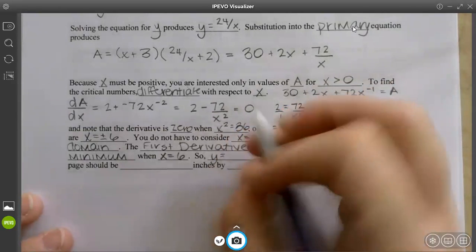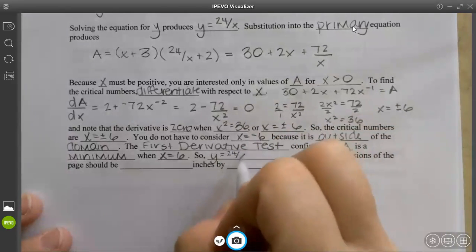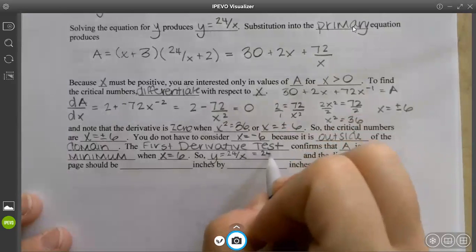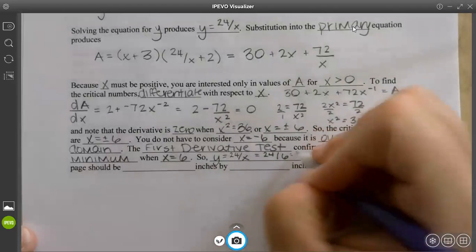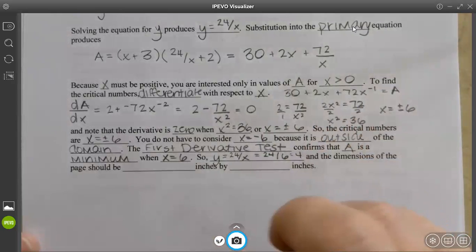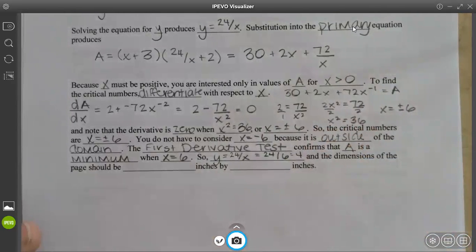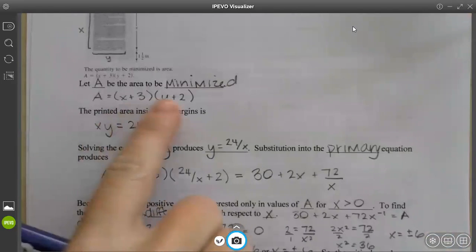So then we want to find the y. So we plug back in. Y was 24 over x, or 24 over 6, which is 4.